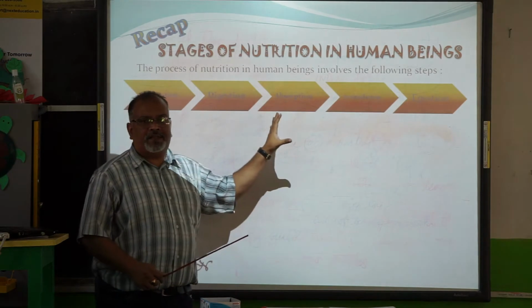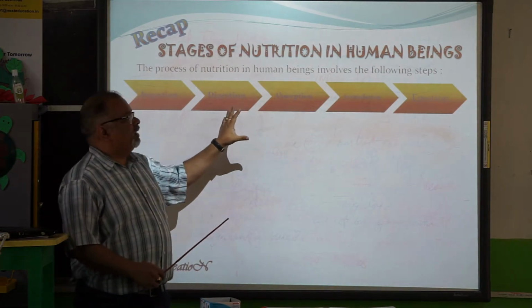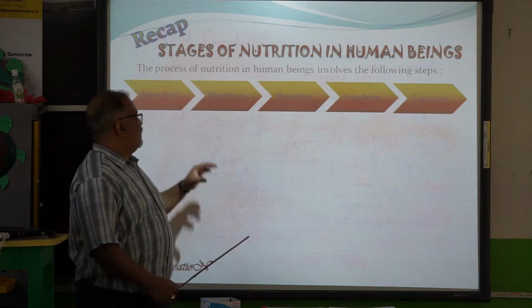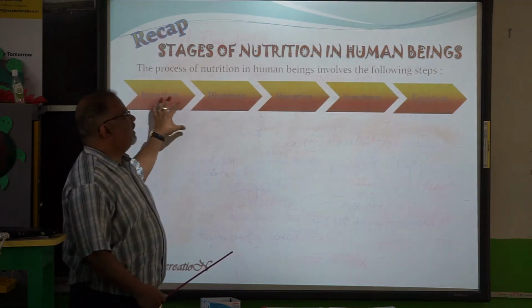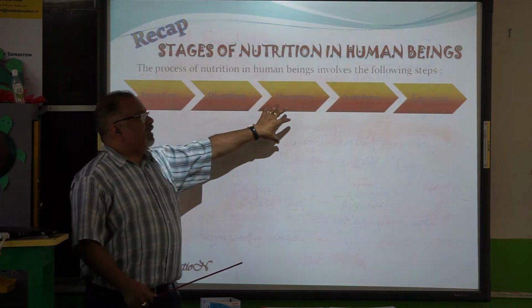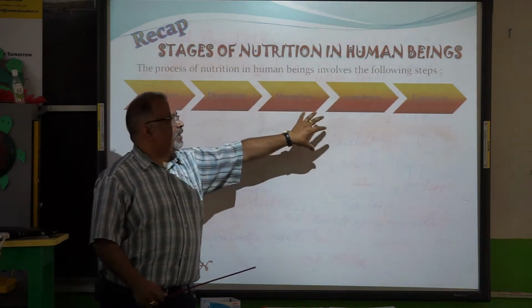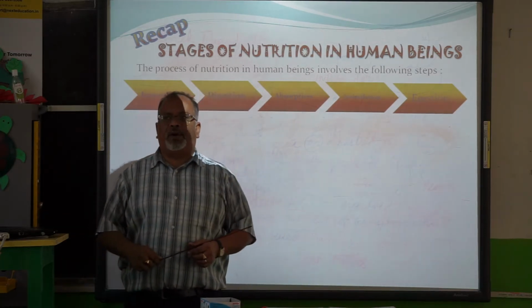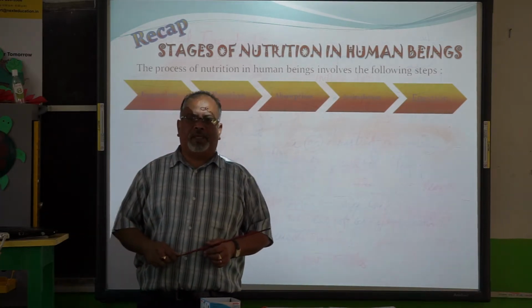So these are the 5 stages which take place when the food is digested in your body. Starting with taking enough food, then digestion, then absorption, then utilization, that is assimilation, and egestion, whatever is not required by the body, that is removed by the body.